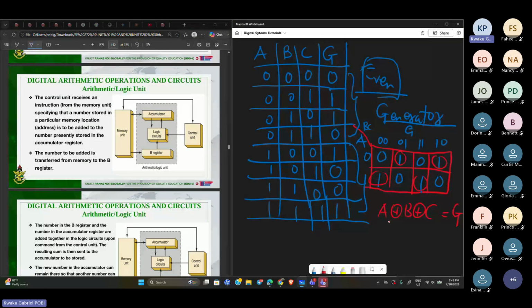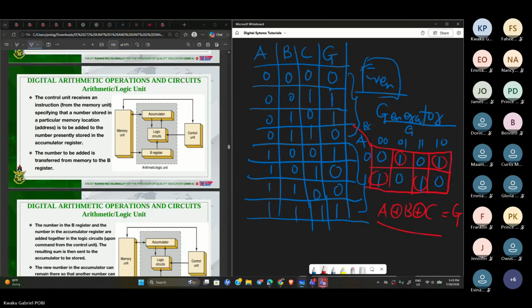It means we are going to have 16 outputs to minimize. That would mean we have to redraw this table. So this is just going to be the generator. So the checker, have to make it very small.